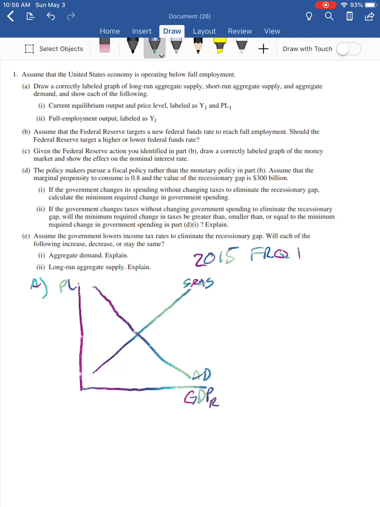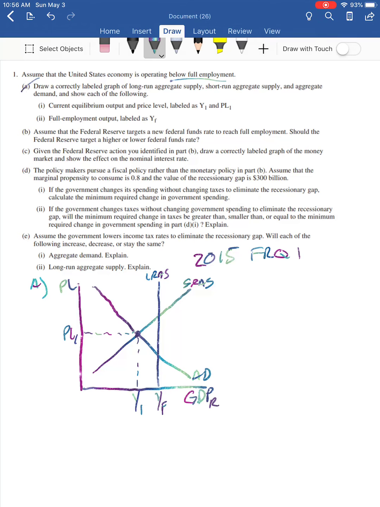Because we're below full employment, we're in a recessionary gap. So I would draw the long run aggregate supply over here. And this is where we currently are. We would say this is price level 1, and this is our output 1. And the full employment output would be at the long run aggregate supply. So we've taken care of letter A.